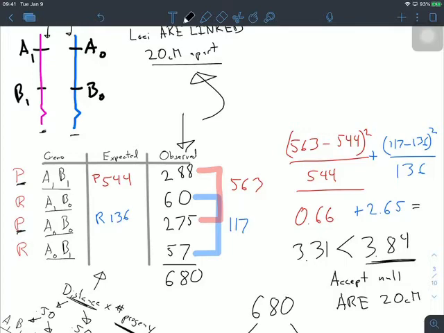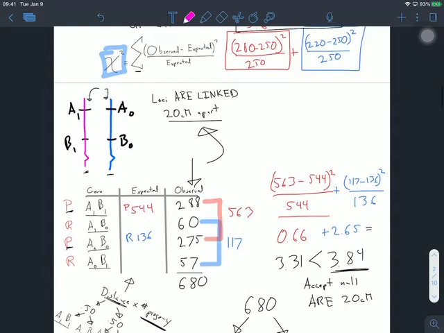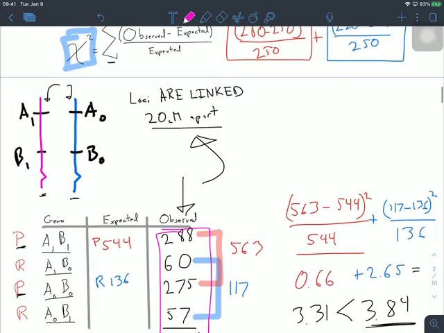So as practice, let's do that real quick. Change color here so that it really sticks out. If I were given these observed values for progeny, how would I calculate the distance between A and B as loci? Looking back at your notes, hopefully you remember that the number of recombinants divided by the total number of progeny can give you that centimorgan distance.